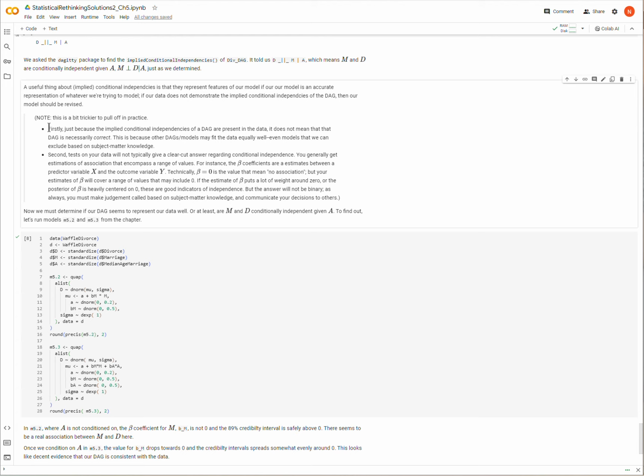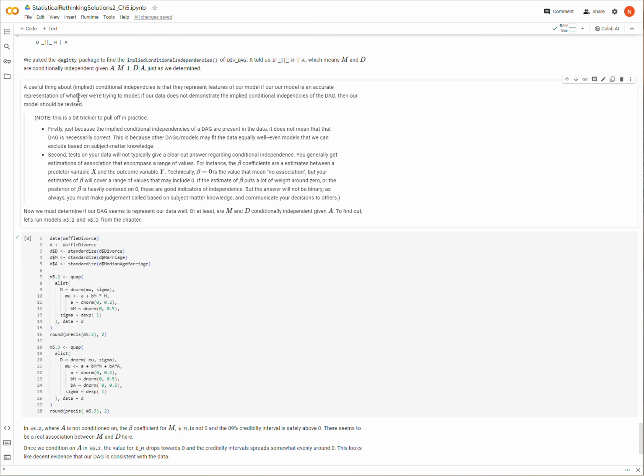But in practice, it's not clear cut. There's generally not something that says, yes, these are independent, yes, these are not independent. Instead, what you get are estimations of associations between variables, and those associations are just estimates that cover a range of values. The only value that truly means independent is 0. But you're going to get a range of estimates that may or may not include 0 or put a lot of probability weight on 0.